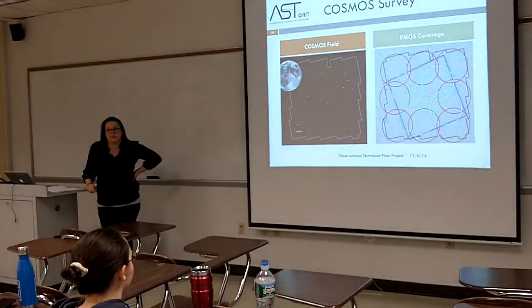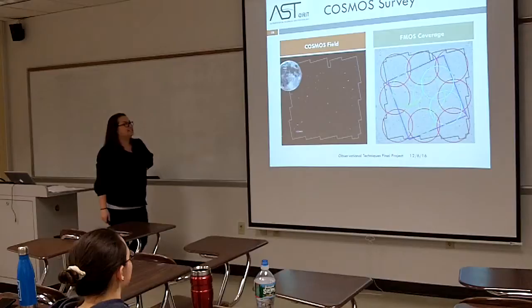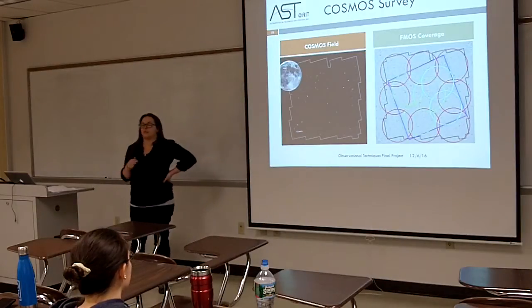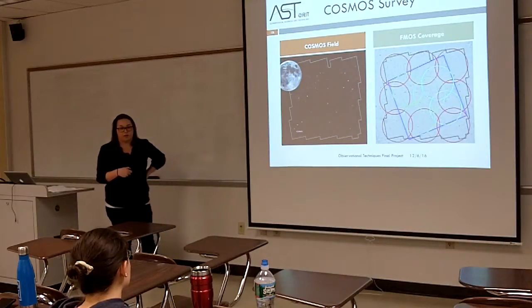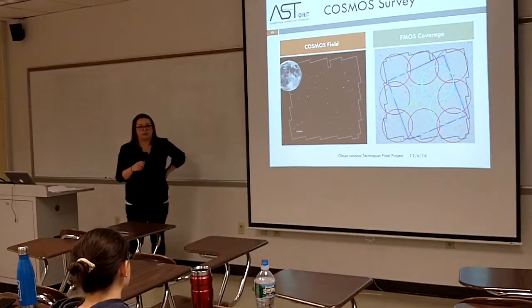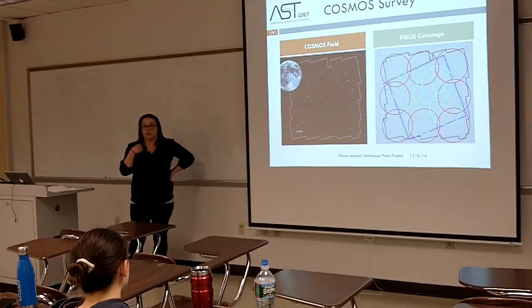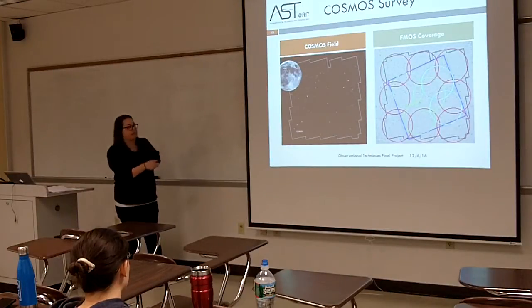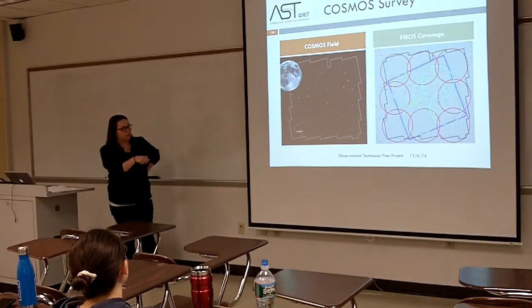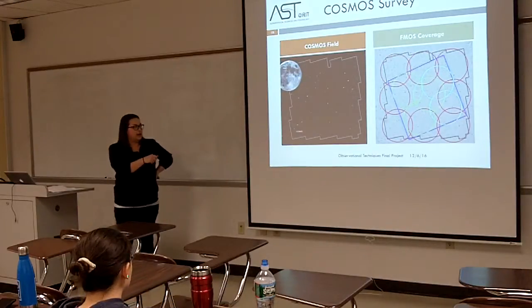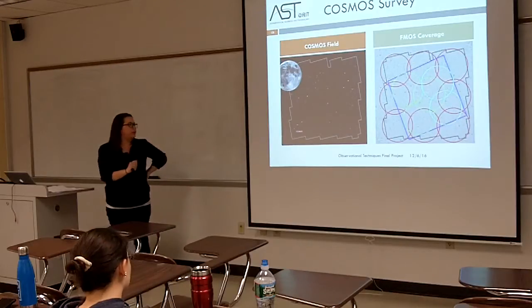All right, so let's talk about my data, guys. So the Cosmos survey is a huge collaboration. It's a multi-wavelength survey, and what they did was they actually used FMOS for some of their near-infrared data, which is the data that I use. So I use part of their survey, and over here on the left, we have the Cosmos field as compared to the moon.